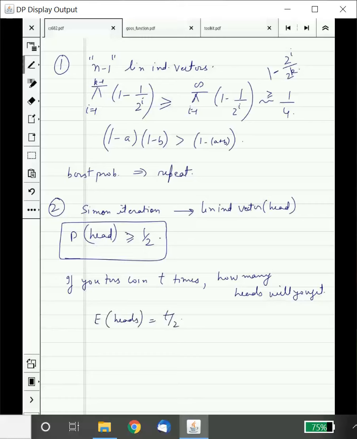This shows, in other words, if we do the Simon's iteration, let's say 3 times k minus 1 times, the expected number of heads would be 3 by 2 times k minus 1, and this will show that we get k minus 1 linearly independent vectors with constant probability.